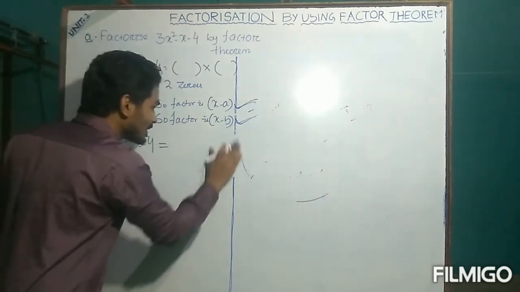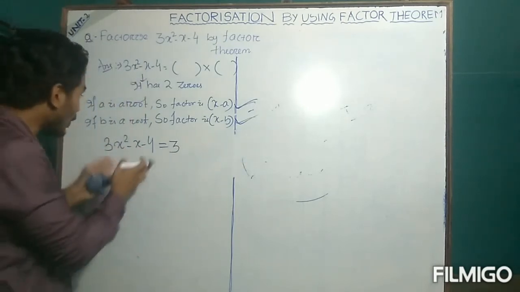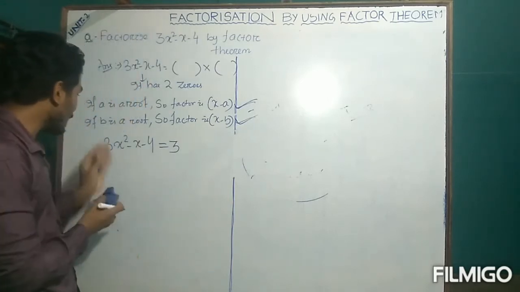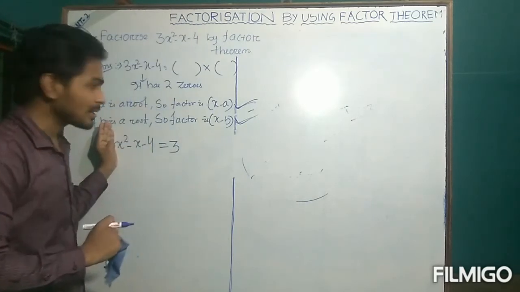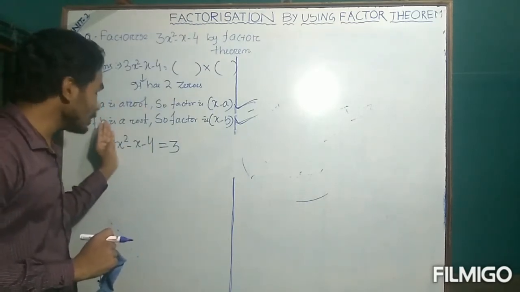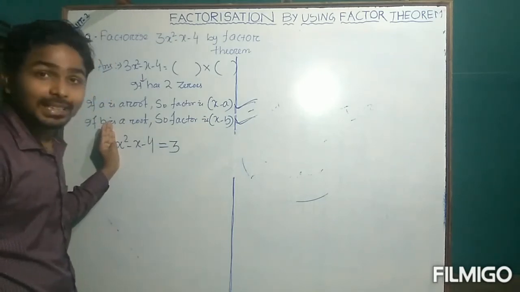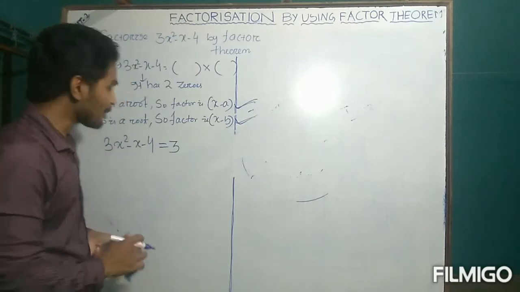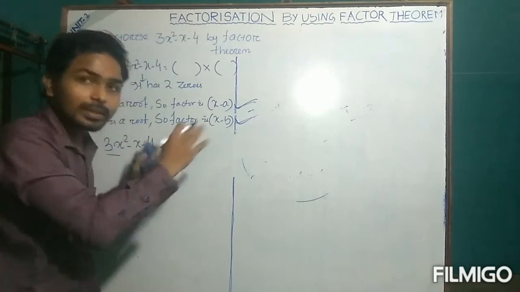Simply you can do this by taking 3 as common from all three terms. If we take 3 as common, you can see now the x square coefficient will be 1. There are three terms, so we will take 3 as common from all three terms.